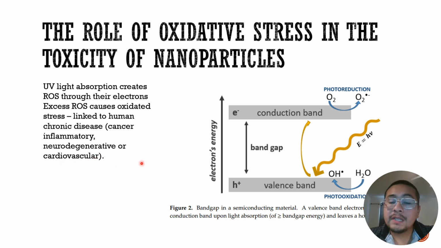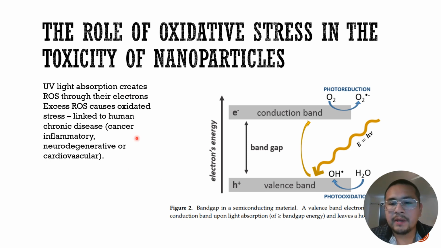So what this means is that the more reactive oxygen species we have in our bodies, because they like to do a lot of damage, we can have things such as cancer, because it can damage the DNA in our cells. It can also cause inflammation because now it's there everywhere, and our bodies think that these are just some kind of weird stuff that came from outside, and they create inflammation.